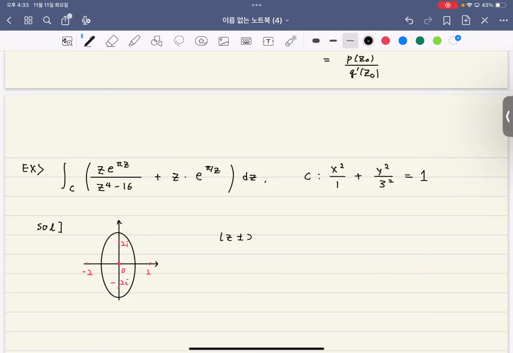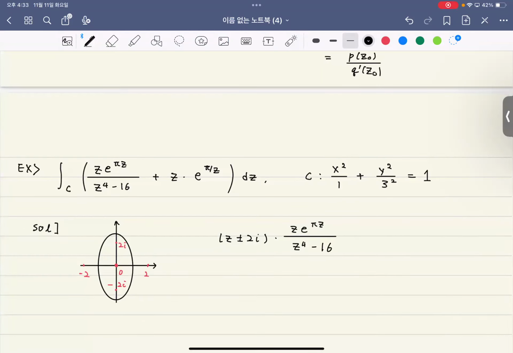So I'm going to consider 2i plus or minus, multiplied by z minus 2i times pi z over z to the fourth minus 16. This is a simple computation.